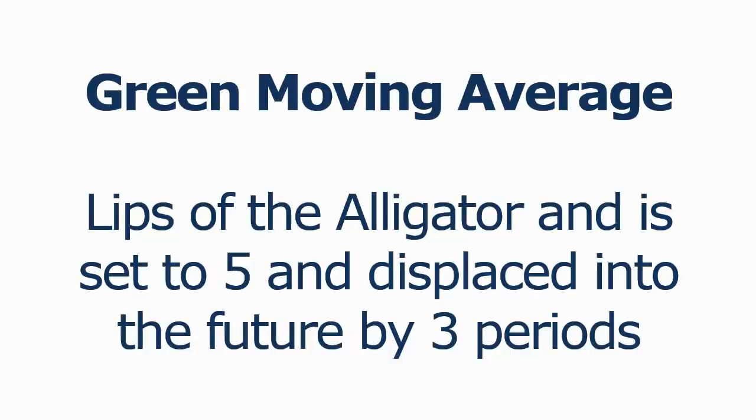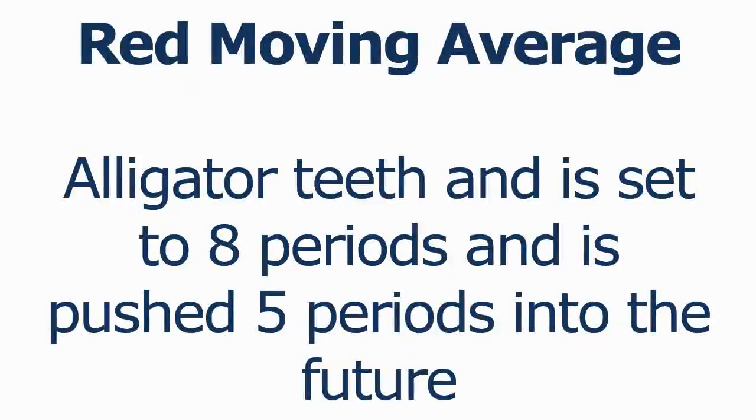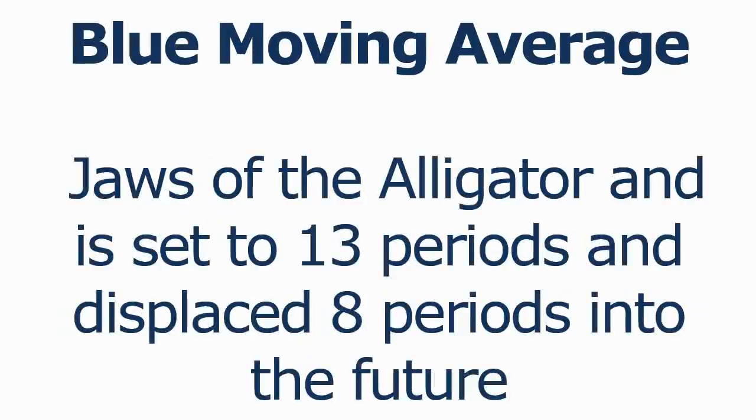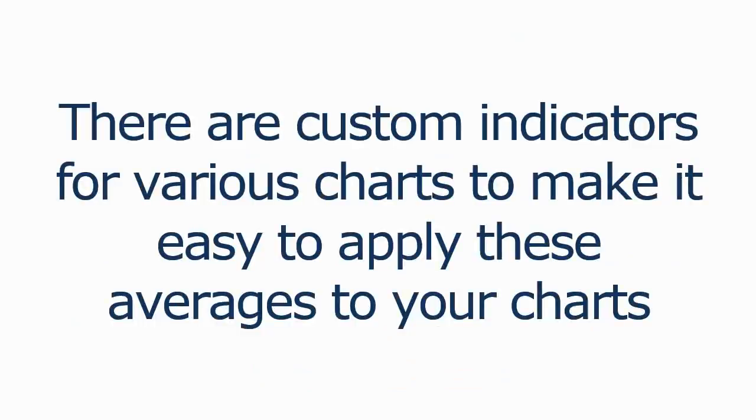And the periods is whatever time frame you're using. The red moving average is the alligator teeth, and it's set to 8 periods and is pushed 5 periods into the future. The blue represents the jaws of the alligator and is set to 13 periods and displaced 8 periods into the future. Now, there's custom indicators for various charts and comes with MetaTrader, and it makes it easy to apply this to your charts.